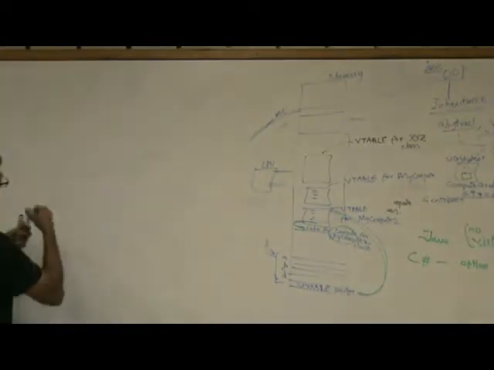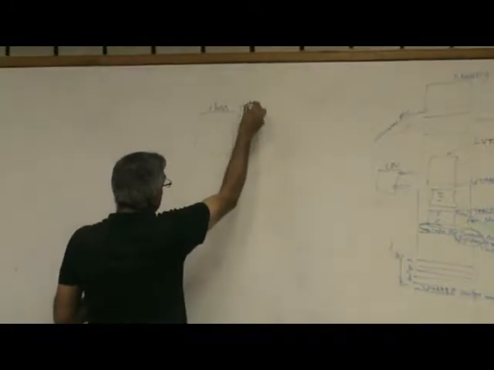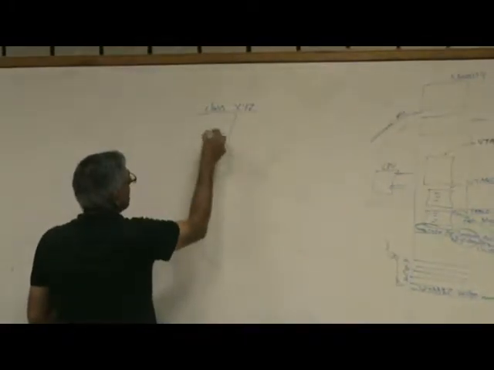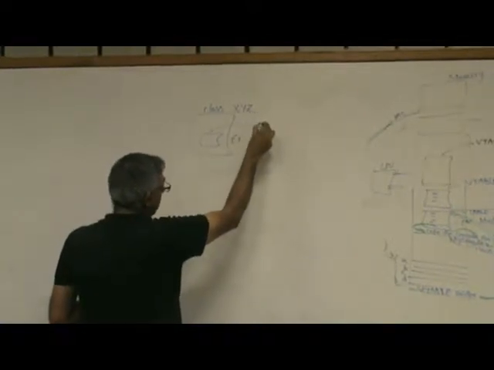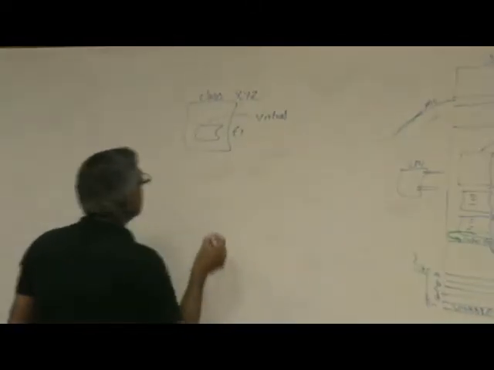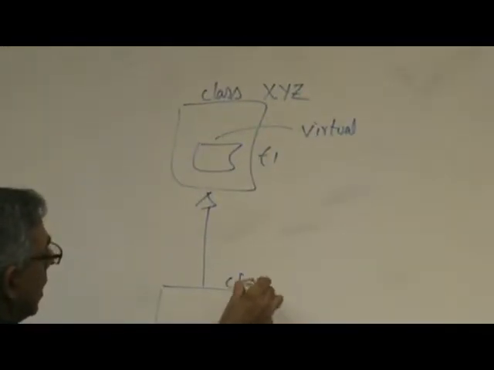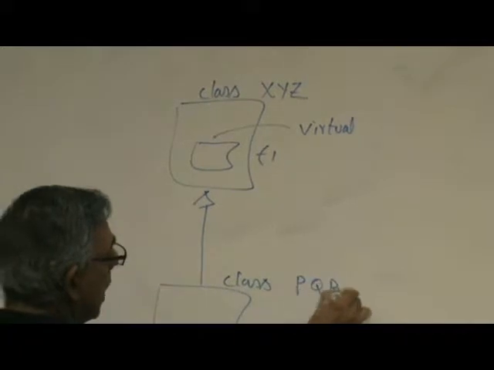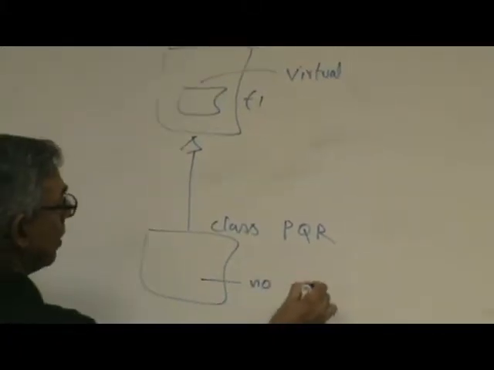Suppose you created a class, whatever, XYZ. You created some method over here, let's say F1, and you marked it virtual. Then from here you created another class, let's say PQR, and you did not override F1.